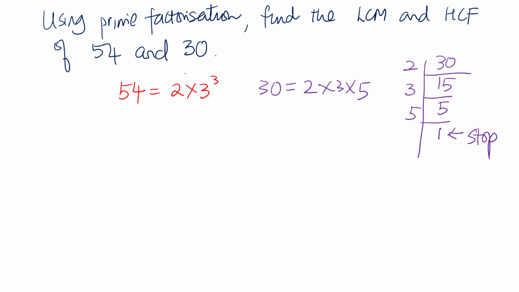So the next thing is how do we use this prime factorization to find the LCM and HCF? We need to do a comparison. This is quite methodical, as in we need to align the same prime factors as one column, right?